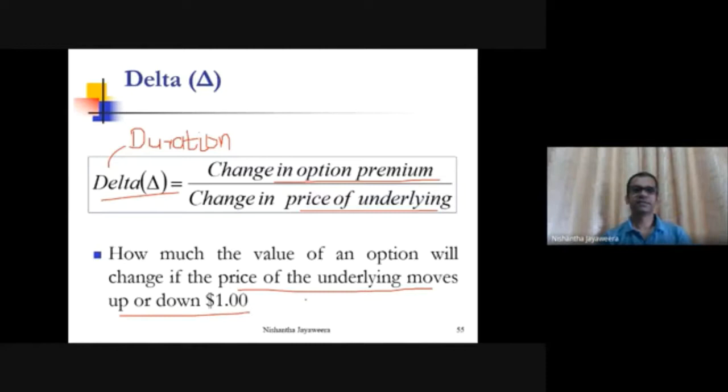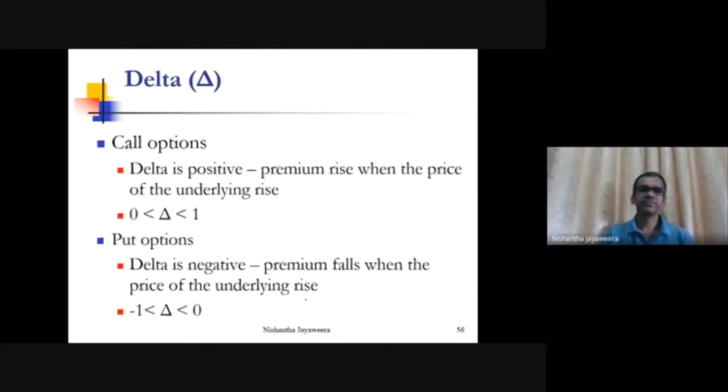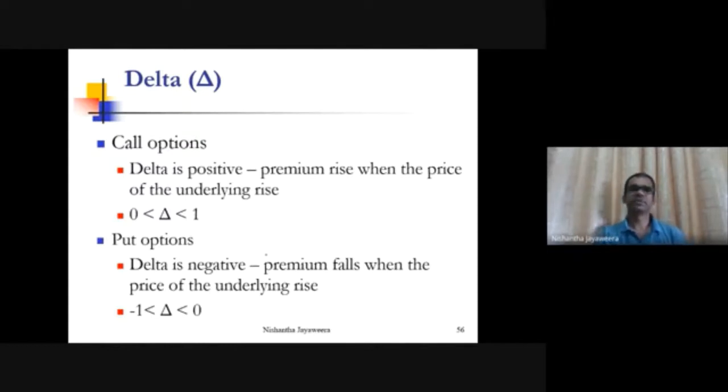Clear? This is very simple. Then we need to know the characteristics of this delta for call options and put options. For call options, delta is positive. Why? What is the relationship? If spot price increases, what would happen to C, that means the premium on the call option, what we discussed earlier today?